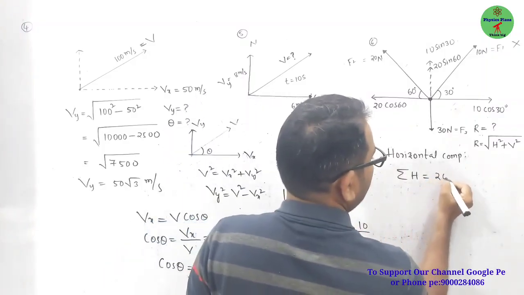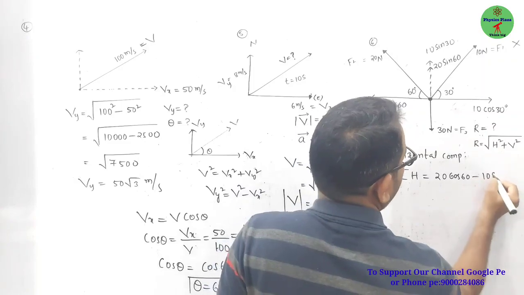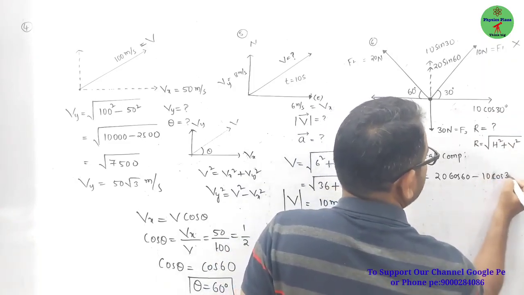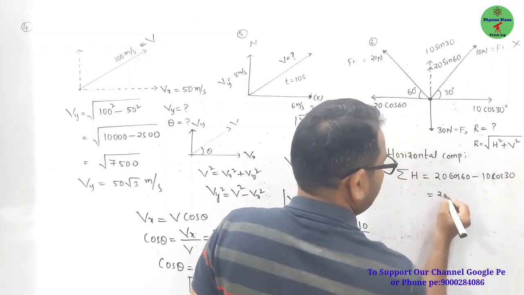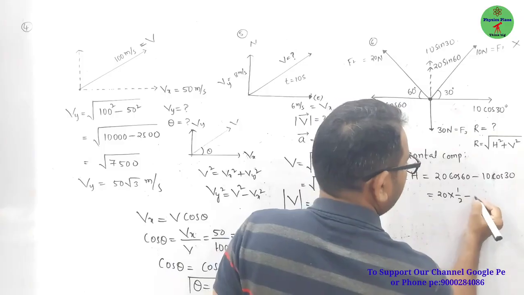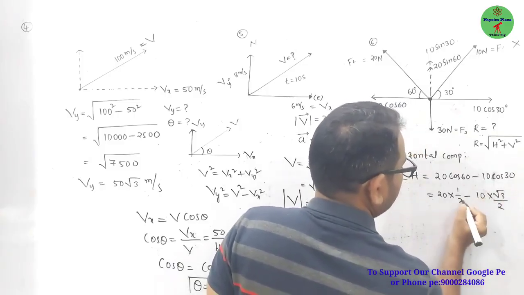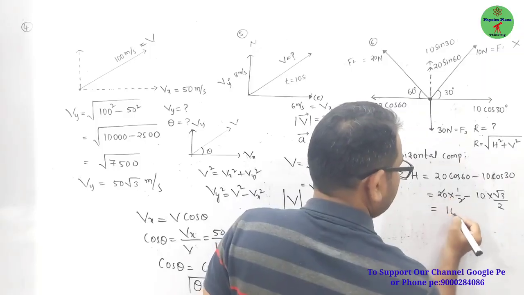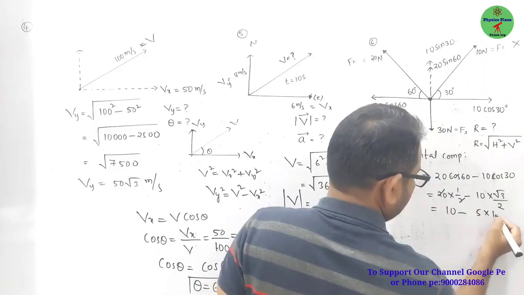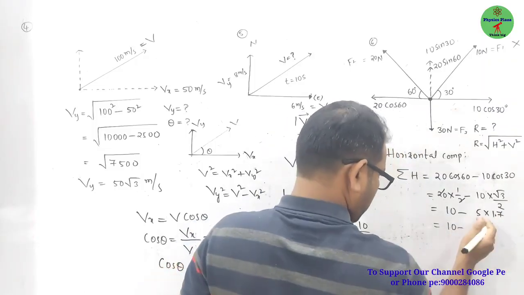So this is 20 cos 60 minus 10 cos 30. 20 cos 60 is how much, children? 1 by 2, so 20 times 1 by 2 is 10, minus 10 cos 30, which is root 3 by 2, so 5 root 3. So this is 10 minus 5 root 3. Approximately we are taking root 3 as 1.7, so this is going to be 10 minus, how much will this be?